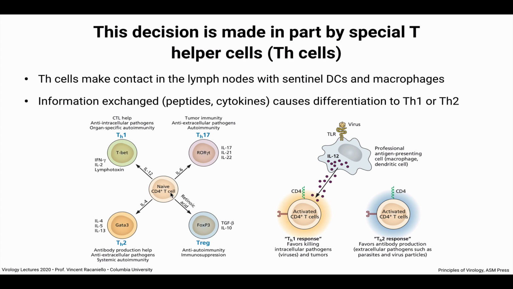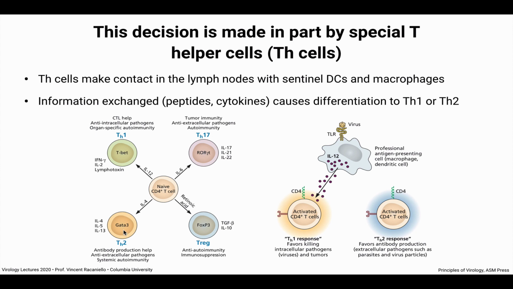For example, Th1 cells are induced in the presence of IL-12, and that induces a transcription factor called T-bet, which makes a Th1 cell, which is going to give you help in the production of CD8 positive cytotoxic T lymphocytes.